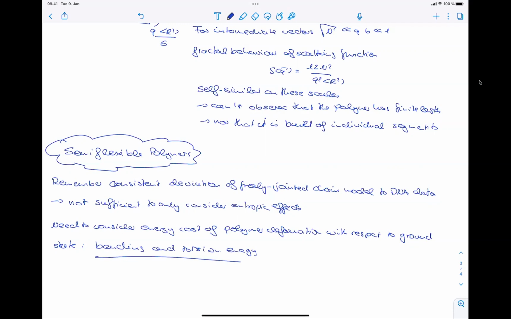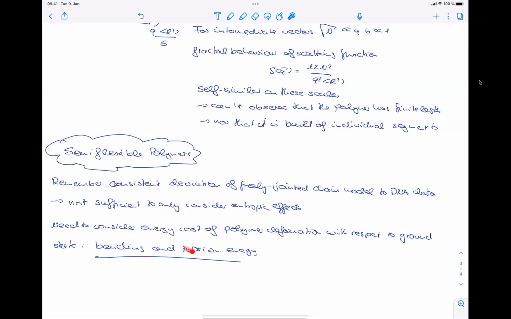We will actually only deal with the bending energy, because we continue considering polymers as, you know, infinitely thin lines in space, or segments in space.